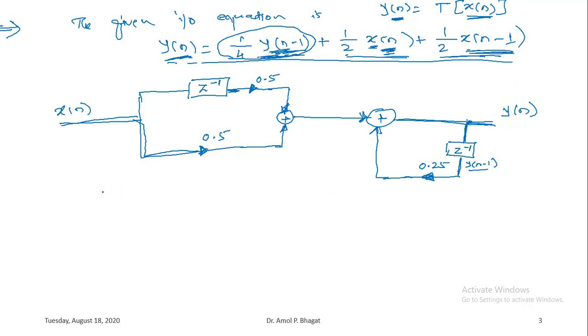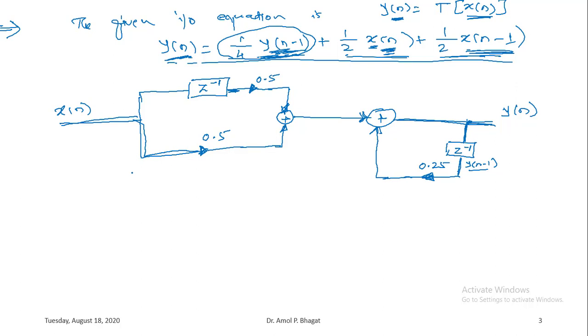So this is nothing but the block diagram representation of the given discrete time system. We'll be revisiting this topic in your fifth and sixth unit, where we'll look at the realization or block diagram representation of FIR and IIR systems, that is finite impulse response and infinite impulse response systems, as well as some filters.